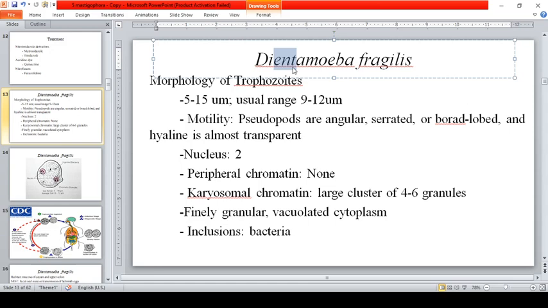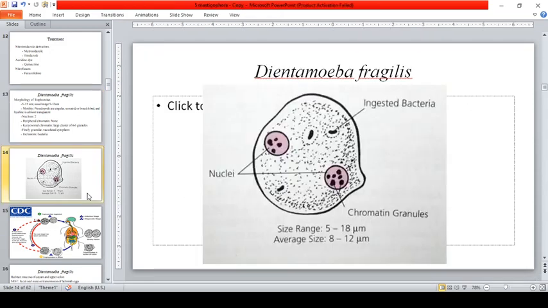Sana kung ganoon na lang sana lahat ng parasite, di ba? Okay, so take note, guys, that it has no flagella, but with leaf-like pseudopodia. It has ingested bacteria, and no peripheral chromatin.